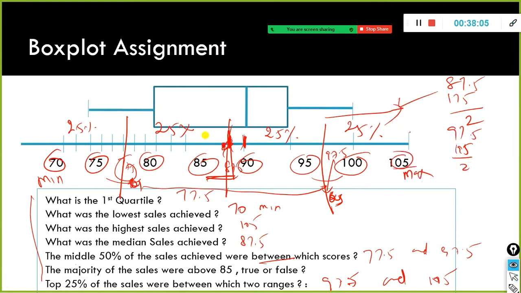If I say 50th percentile, which means 87.5, 50% of the students scored 87.5 or less, and the rest of the 50% of students scored more than 87.5. You can interpret it that way also.